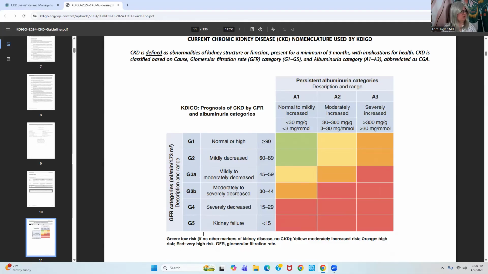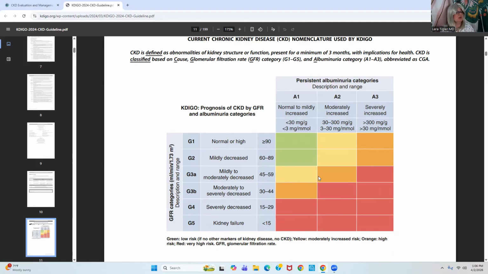And all the way down, stage 5 is the most damage. And then this number here, the 15, it's not a percentage. It's actually a rate, how fast the kidneys filter. But anyway, I very commonly calculate and figure out the stage of chronic kidney disease for patients.